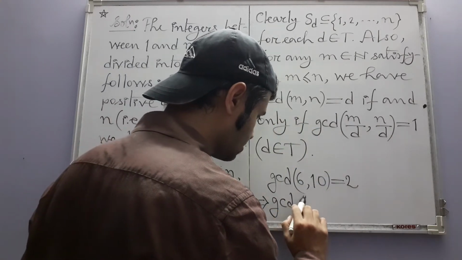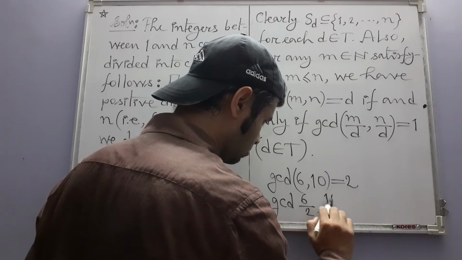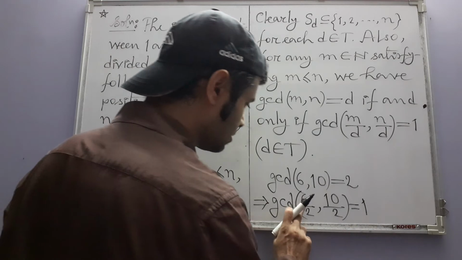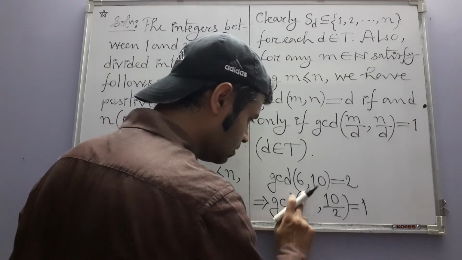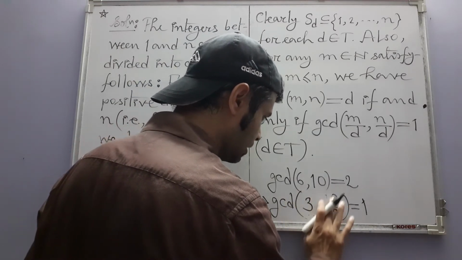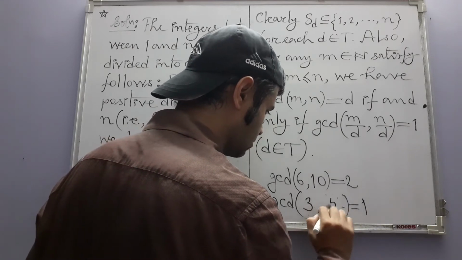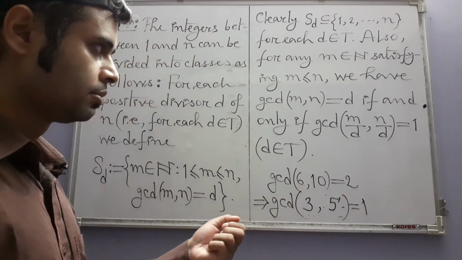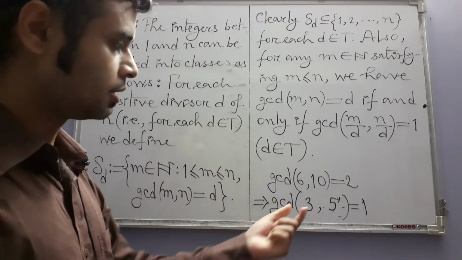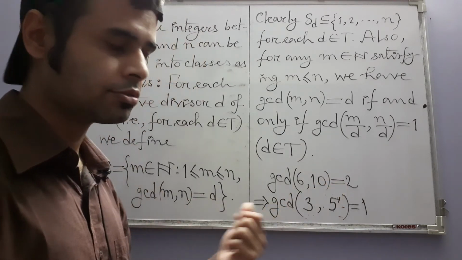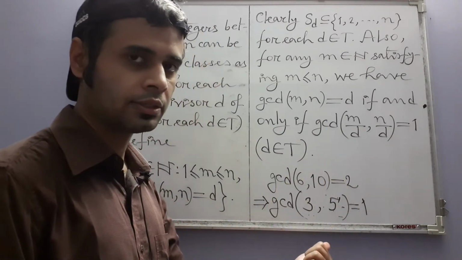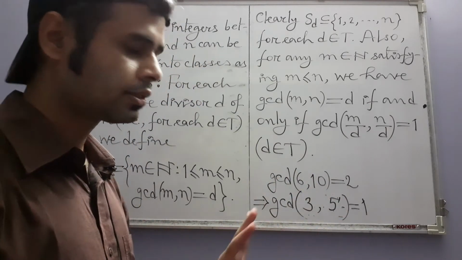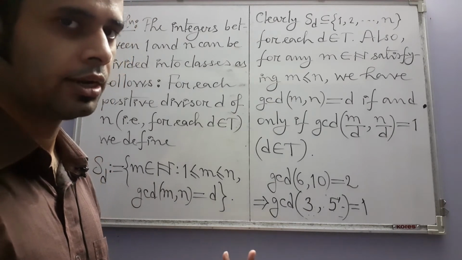This implies that this should be equal to 1, and that is true because 6 divided by 2 is 3 and 10 divided by 2 is 5. So what happens is that the greatest common divisor is the greatest of all common divisors. So if you take that thing out from both of them by dividing by that thing, then there is no other common divisor left other than 1. Okay, so that's why it happens.